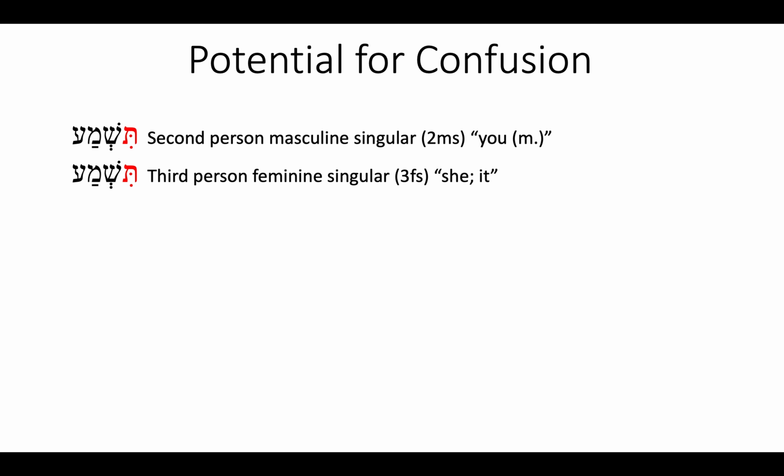Even though you might think this would cause a lot of confusion when you're reading a text, I would say it's almost always apparent whether it should be you or she, just from the context of what's going on. This looks to us like it's just crazy, and why couldn't they come up with a different combination? But they didn't, and it apparently didn't cause problems for the Israelites, and it doesn't really cause too much of a problem for us.